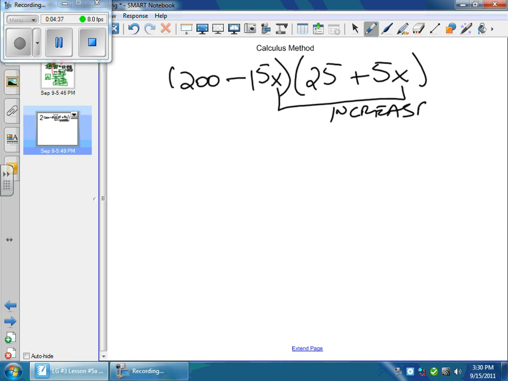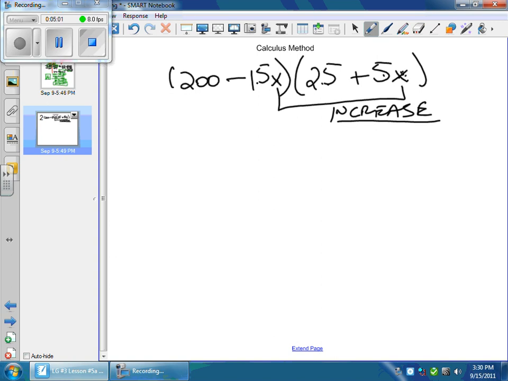So if you think about that, you go up by one increase of 5. This is now $30. You go down by 15 tickets, which is now 185, and so on and so forth. You go up by 2 increases. This is now 10 plus 25 makes $35. This will go down by 30 tickets, which means you're at 170, and so on.